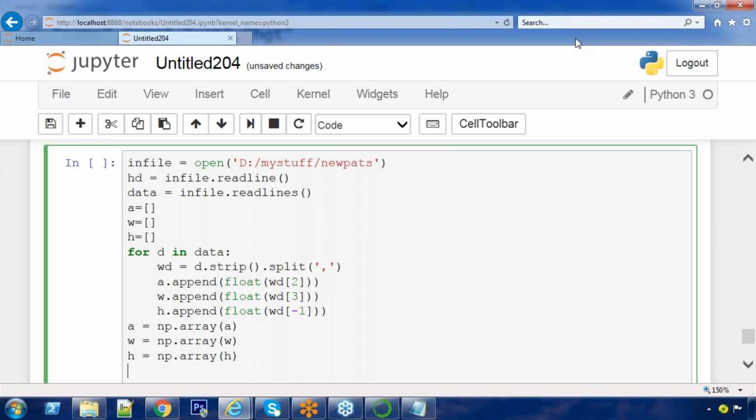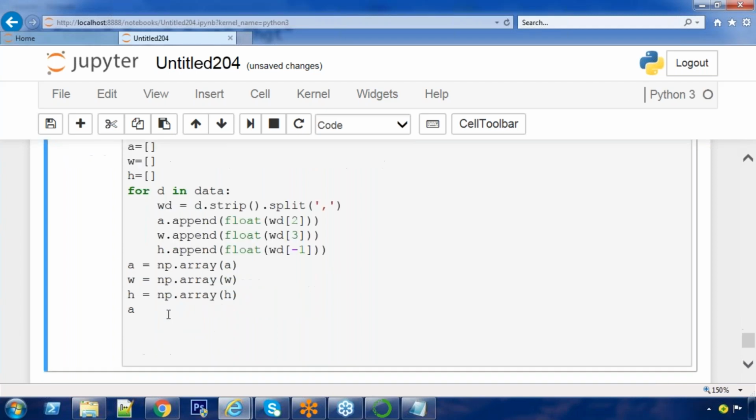Okay. Now you can scale it. I'm using capital A for this. In capital A, I'm keeping scaled data. All these ages are unscaled ages. Understand?